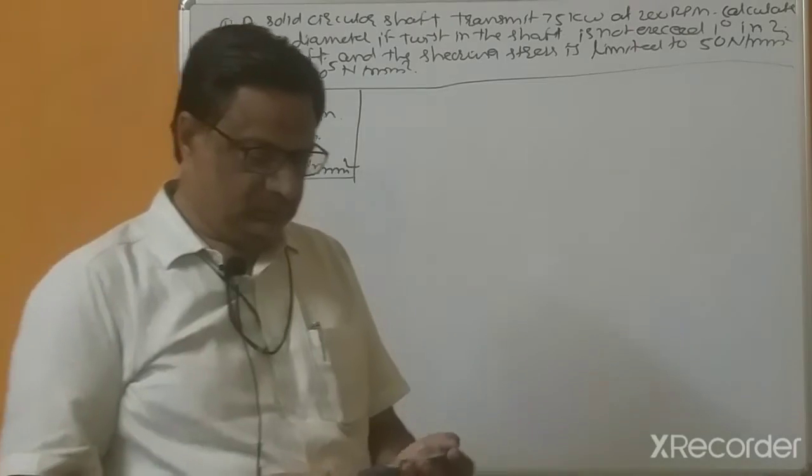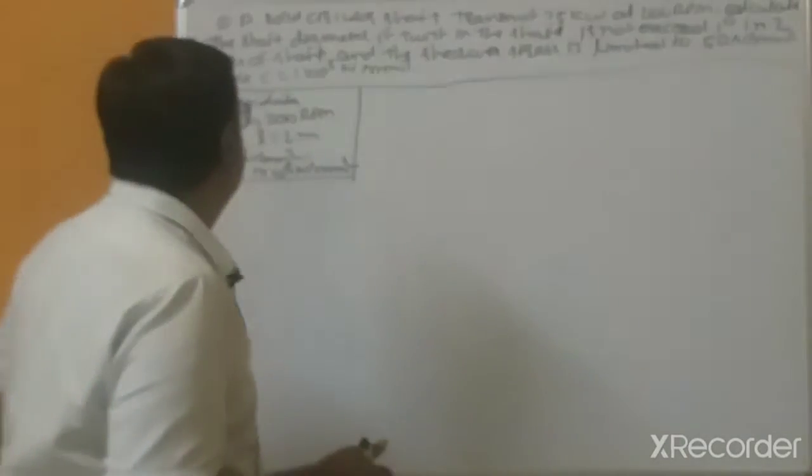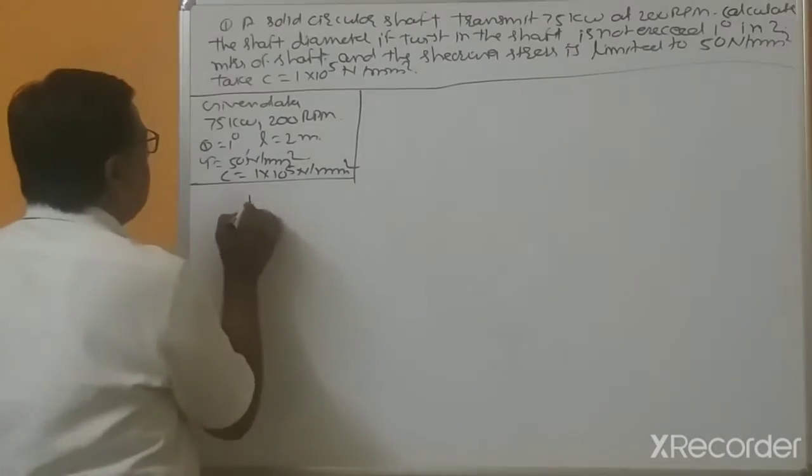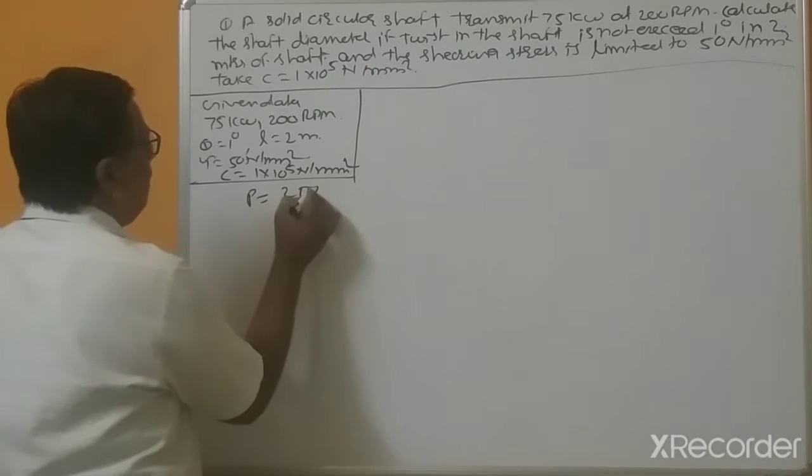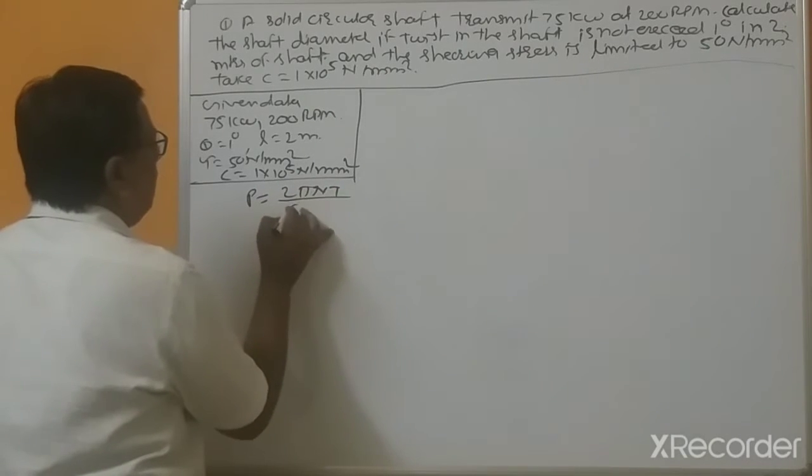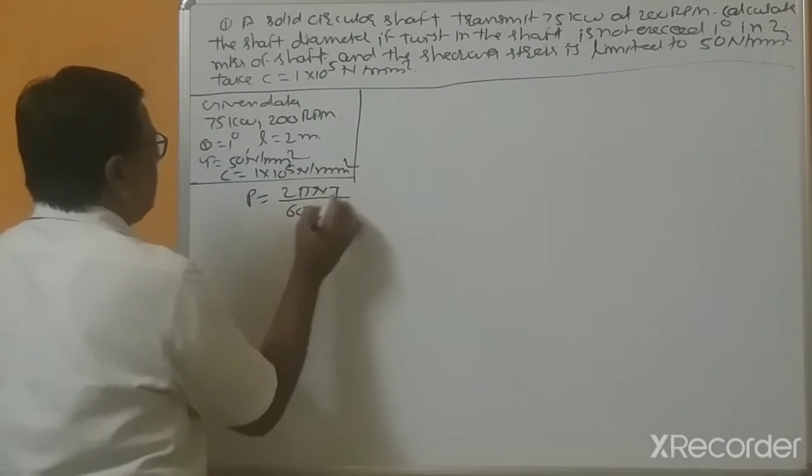So first we will calculate the torque. As you know, P equal to 2 pi N T divided by 60 into 10 to the power 6.